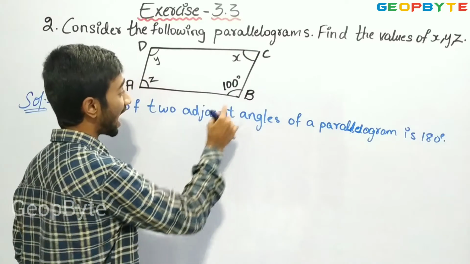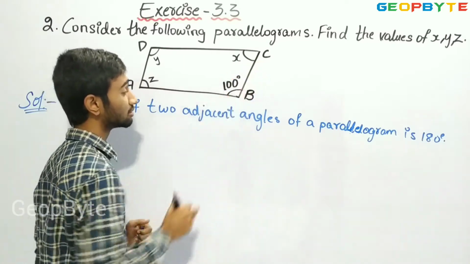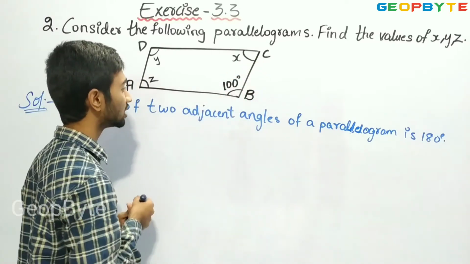So here angle B plus angle C will be equal to 180 degrees.